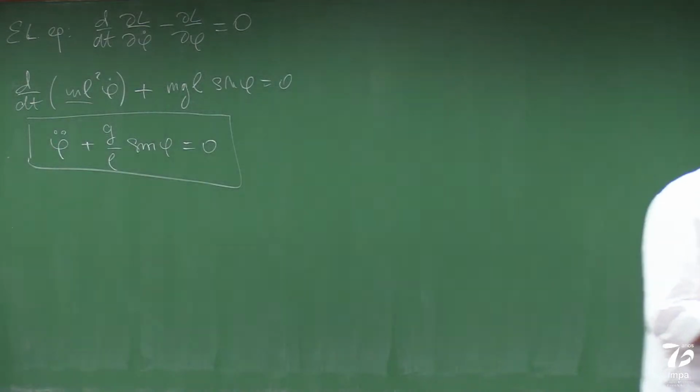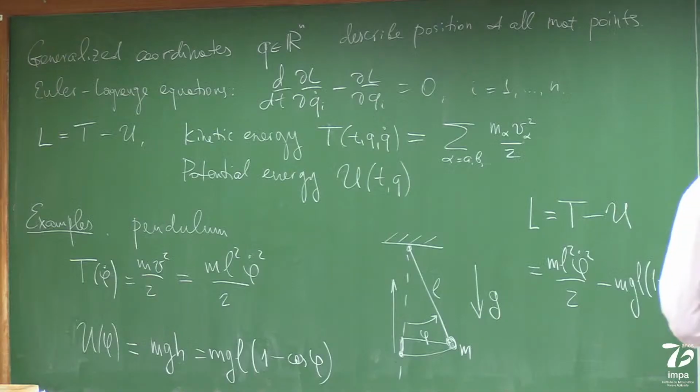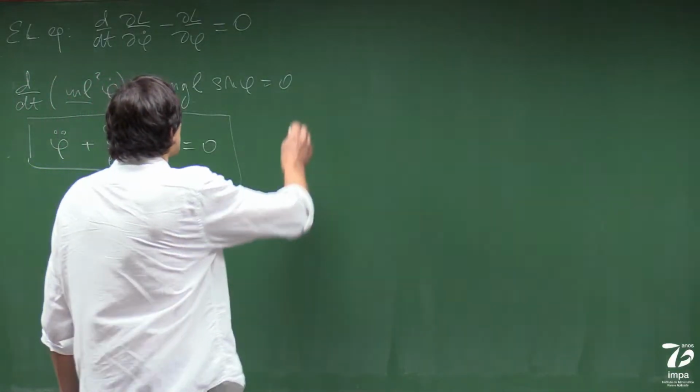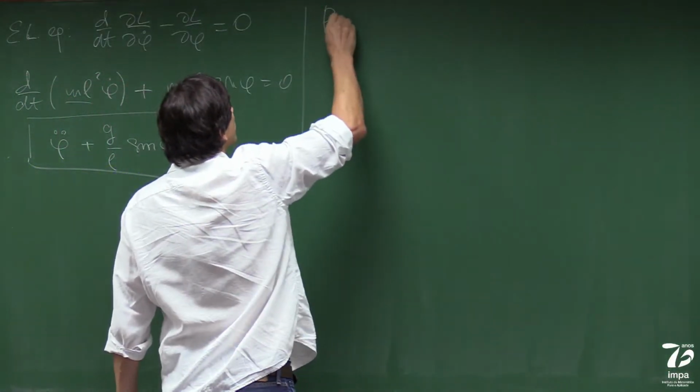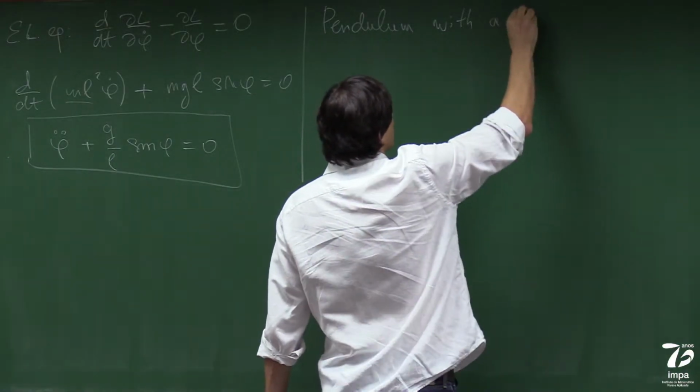So the next example is already harder. It will not be so simple to do it in a different way. Namely, we will consider the pendulum with a vibrating support.